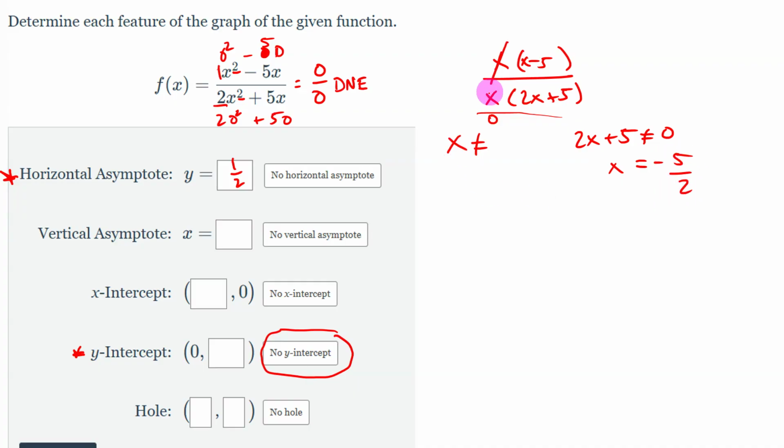Well, this x is going to cancel out, so x equals 0 is the hole. I can go ahead and put that right there.